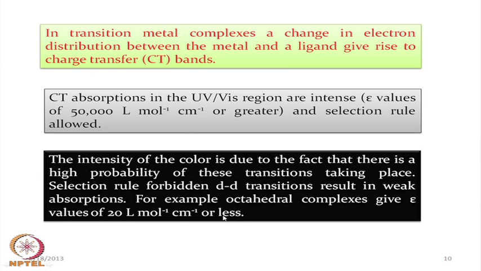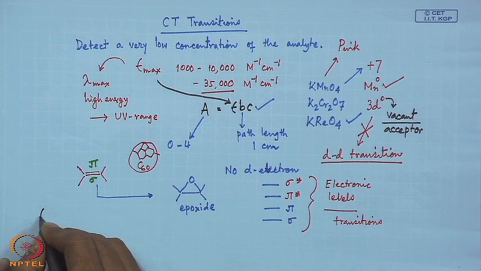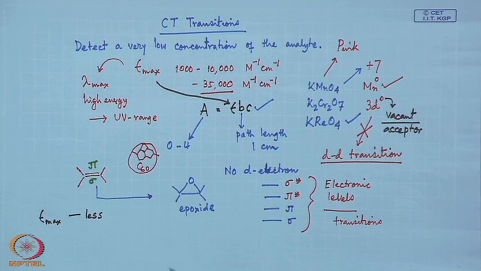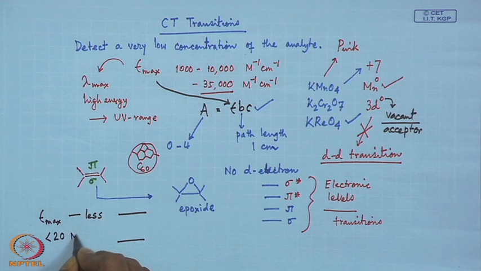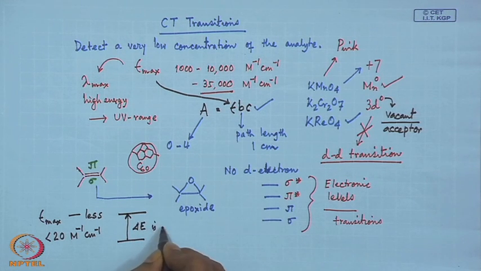That is why in the case of cobalt compounds, what we have seen is that these epsilon max values are less. So, it is sometimes very difficult when the epsilon value is around 20 or less mole inverse centimeter inverse for a typical transition where the delta E value is very small.